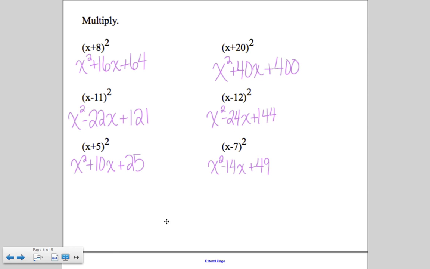Let's just double check that. So let's look back here at this x minus 7 squared again. It got us x squared minus 14x plus 49. So if we take this minus 14x, divide it by 2, we get negative 7. And then if we square negative 7, we get positive 49. So there's the pattern that we're going to use to identify whether or not a trinomial is a trinomial square.